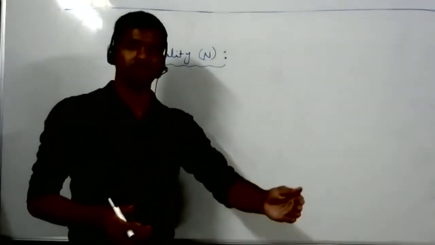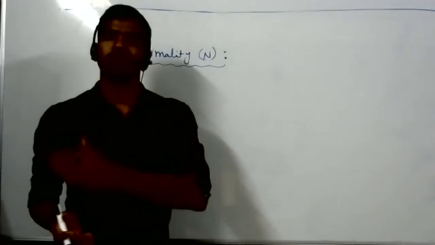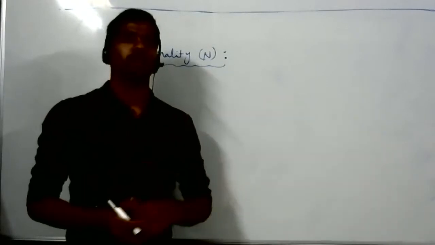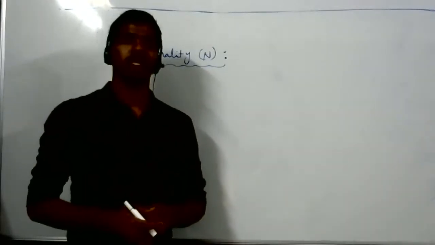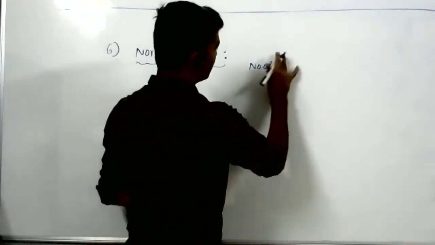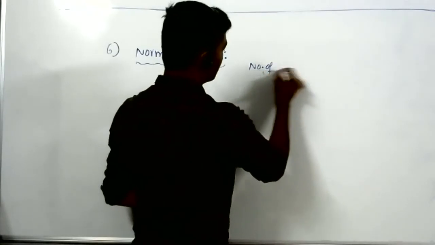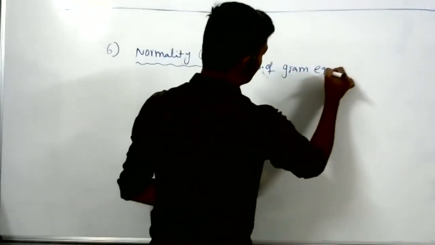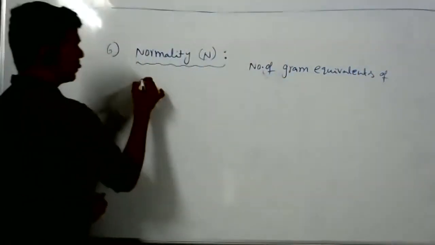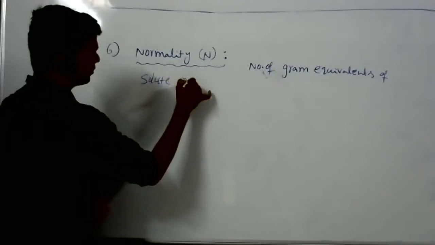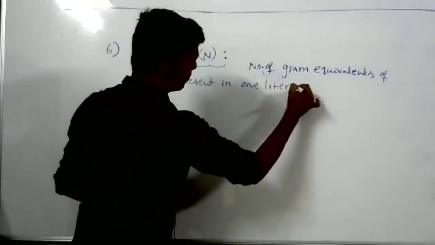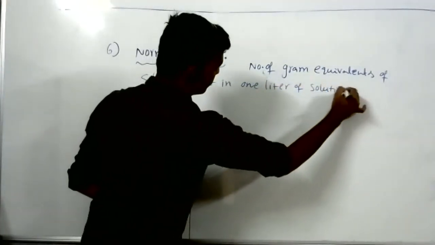There we are using moles, but here we are using gram equivalents. The number of gram equivalents of solute present in 1 liter of solution is called normality.